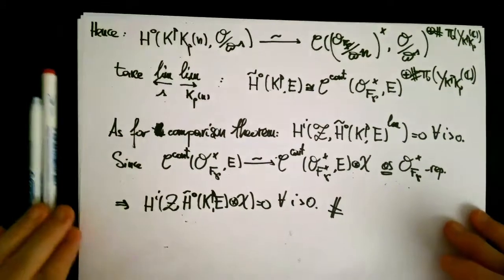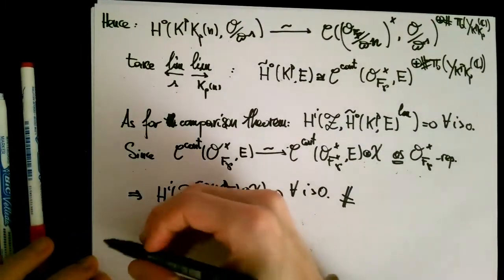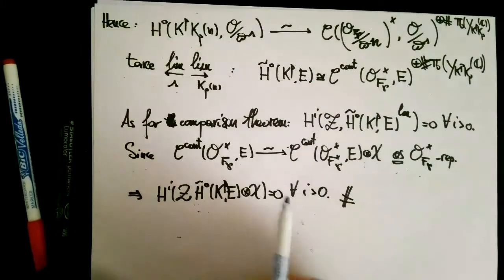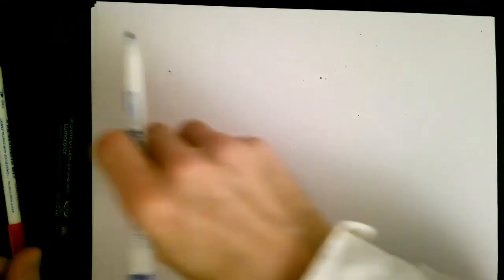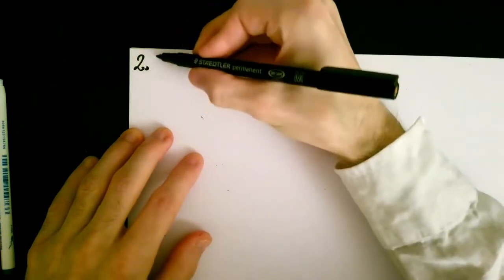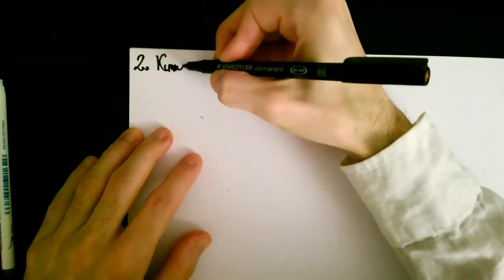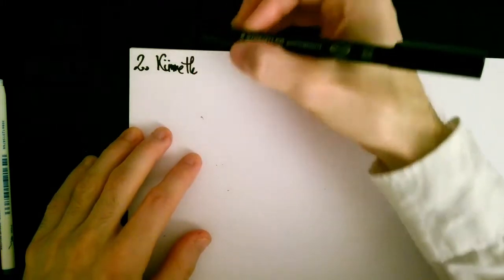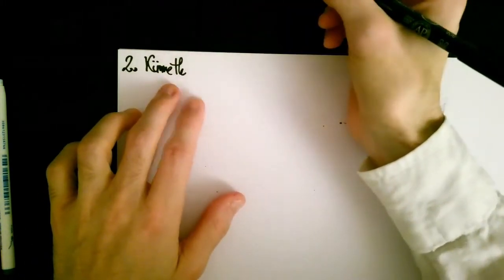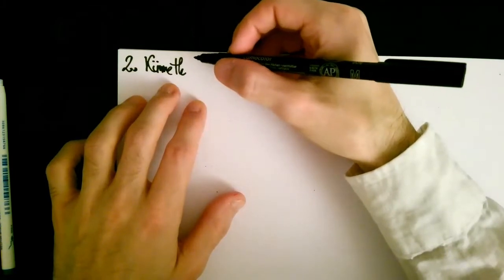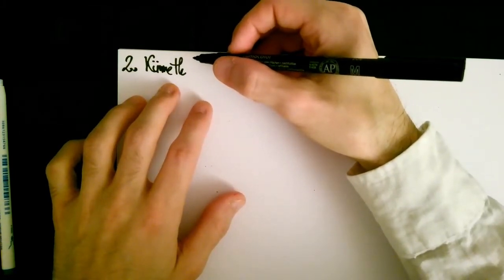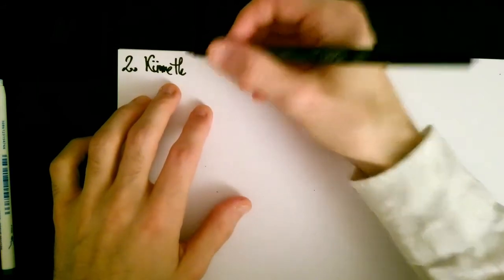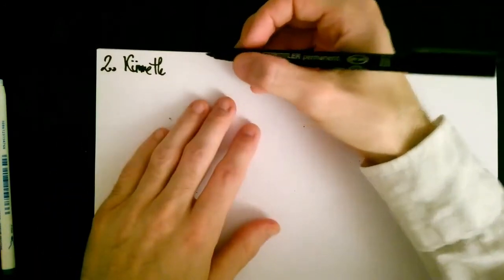Now we are happy because we can conclude by the Künneth formula. So point number 2. We use Künneth. Well, this is a standard result. For instance, you can have a look in the Borel-Wallach book on continuous cohomology to get a clean reference.